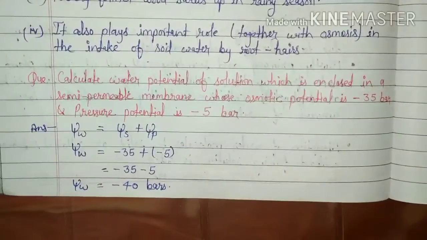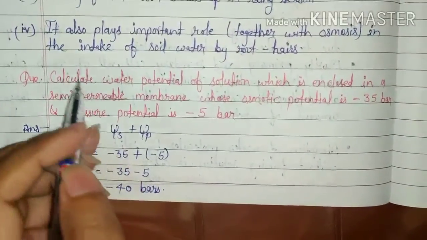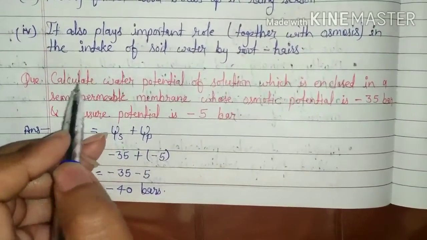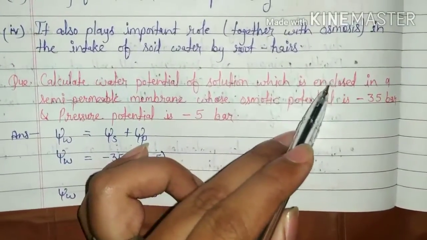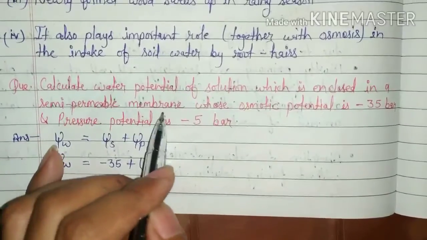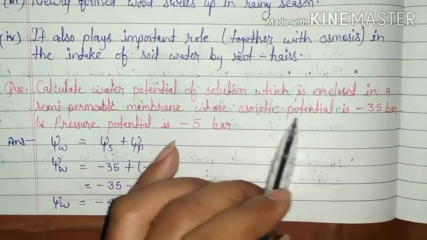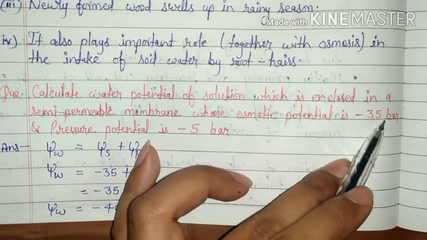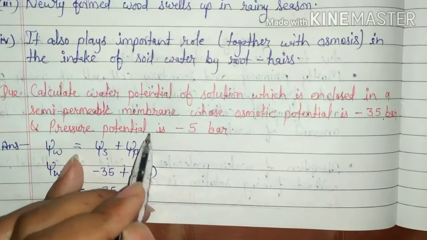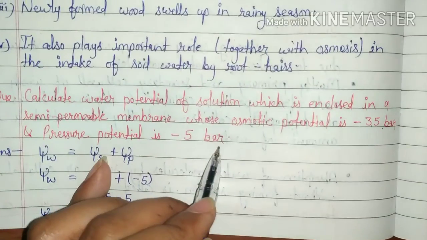There is a question related to water potential. Calculate the water potential of a solution which is enclosed in a semi-permeable membrane whose osmotic potential is minus 35 bar or Pascal and pressure potential is minus 5 bar.